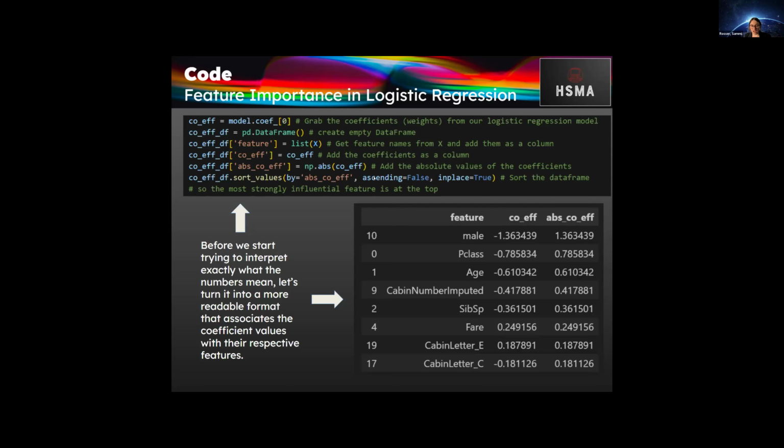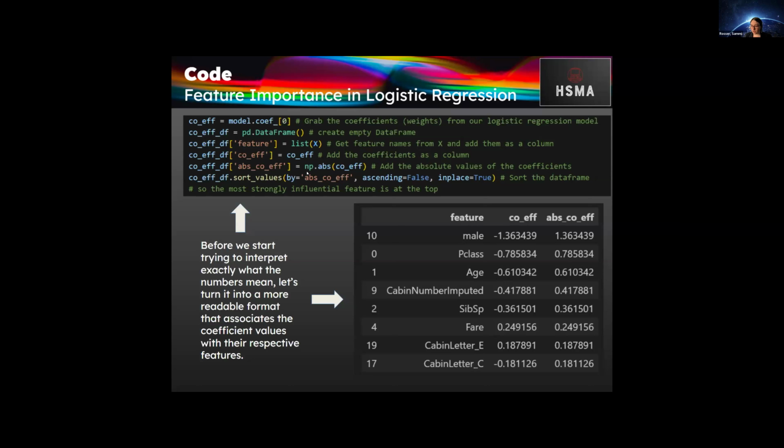And then next, we take the absolute value of the coefficients. So if it's negative, we make it positive. If it's positive, we don't touch it. We leave it as it is. Now this I'll talk about a bit more in a moment, but it just helps us to understand the absolute contribution of the feature, or how much it's contributing to the model's predictions, without having to worry about whether it's making us go, oh, this person's less likely to survive or this person's more likely to survive, which is what the signs here are implying.